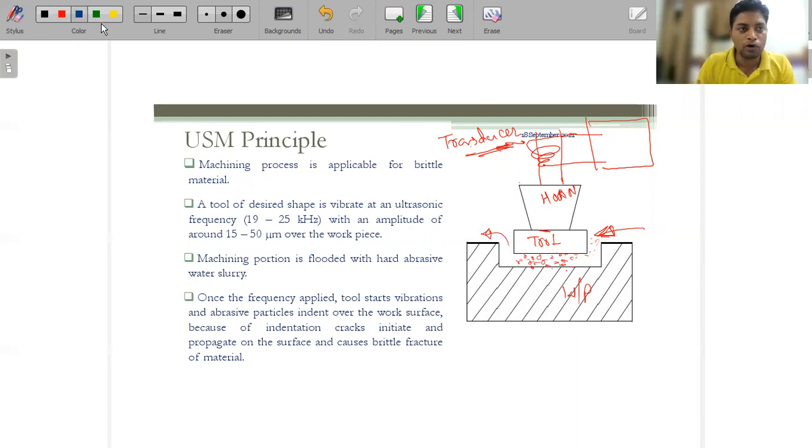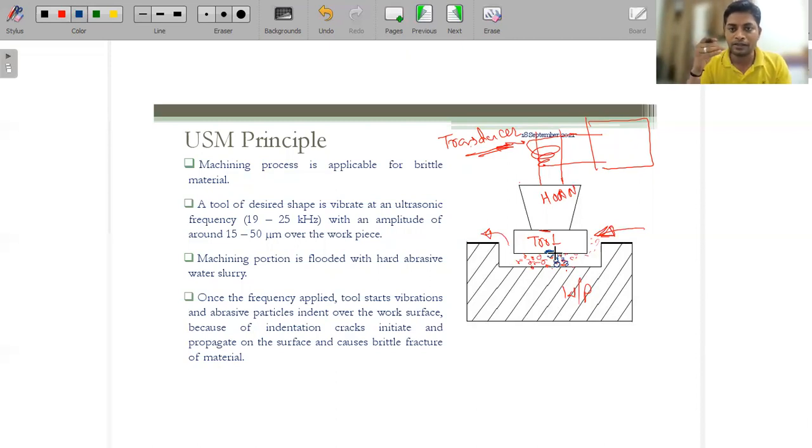If we look at just two or three abrasive particles in a queue, at the top there are three particles making contact between the tool and the tip. First the tool will vibrate, so the first particle will also start vibrating.